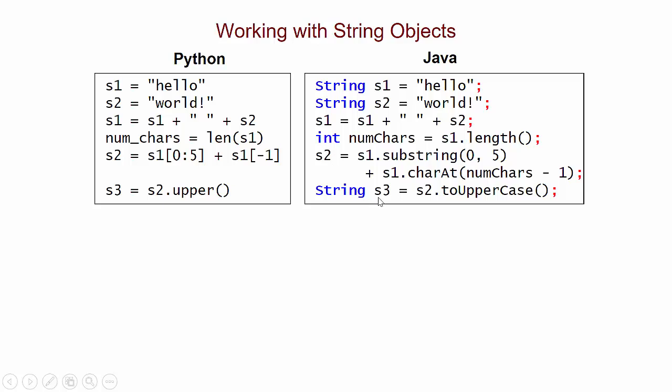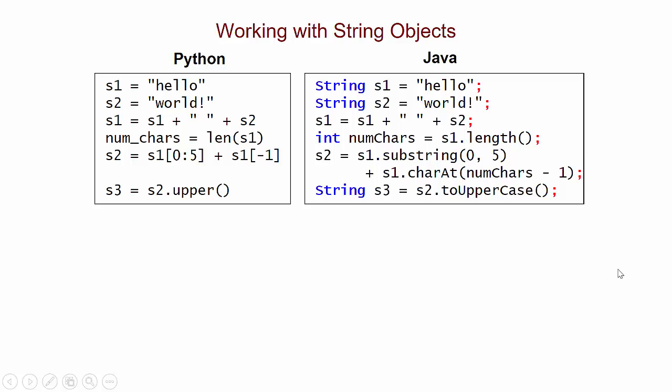And then S3 is going to also hold a reference to a string object, so it's declared to be of type string. Other differences. Over here, we did choose to use double quotes for our string literals. We could have used single quotes in Python, but in Java, if you want string literals, it's mandatory to use double quotes.